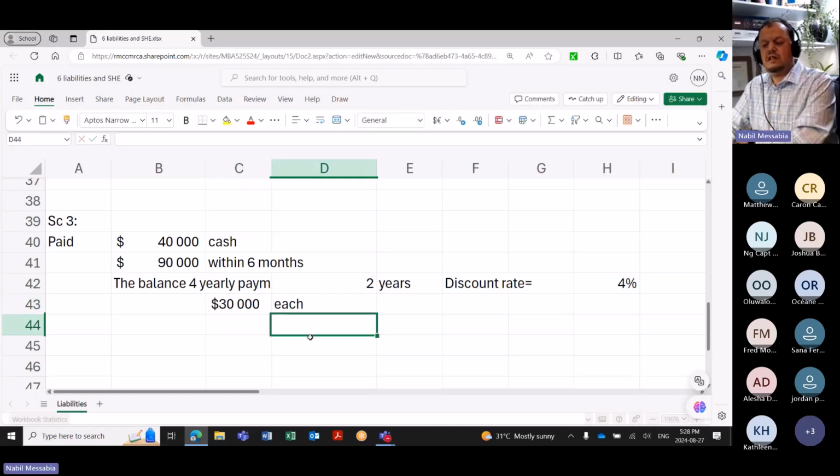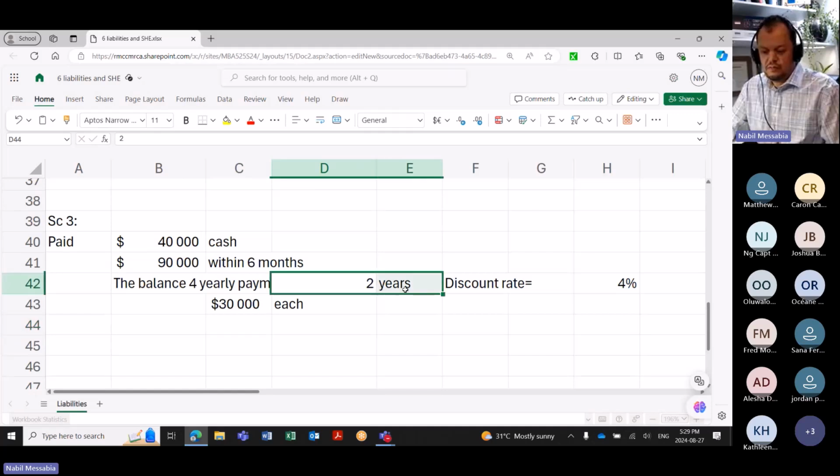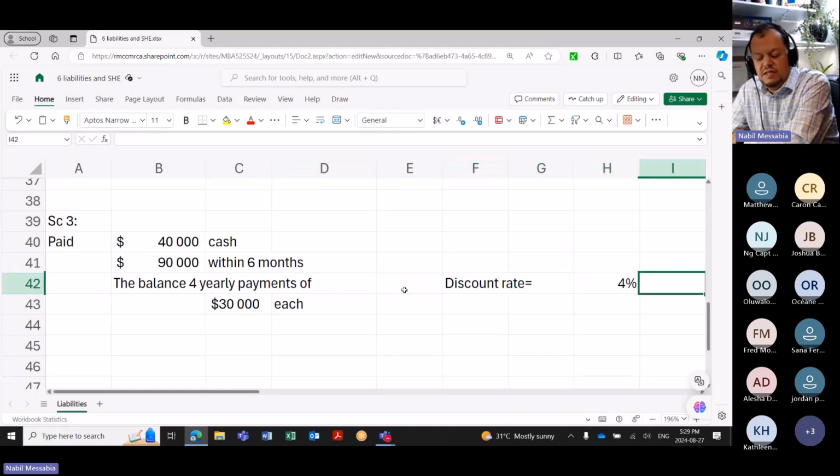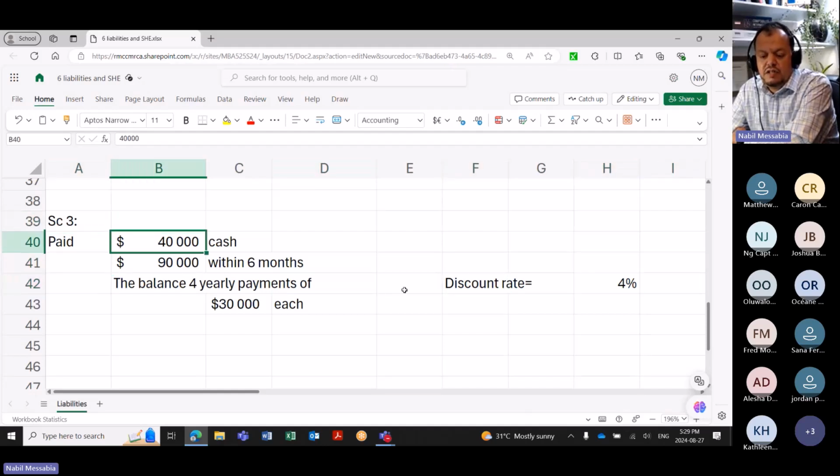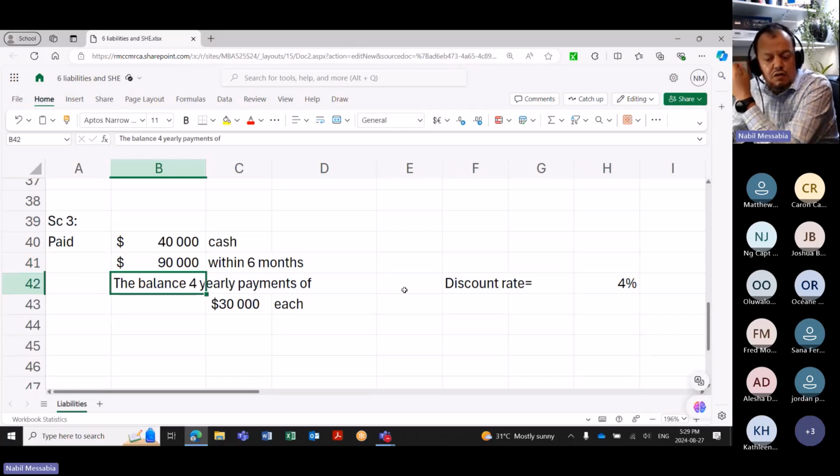Discount rate. So I remove the 2 years. Discount rate is 4%, same discount rate. So we pay 40,000 cash, 90,000 within 6 months, and the balance is going to be paid over 4 yearly payments of 30,000 each.